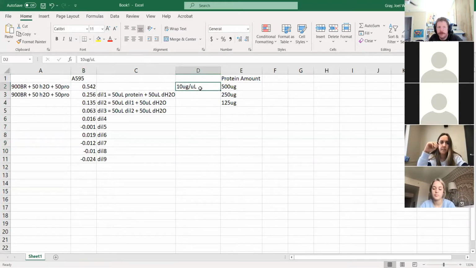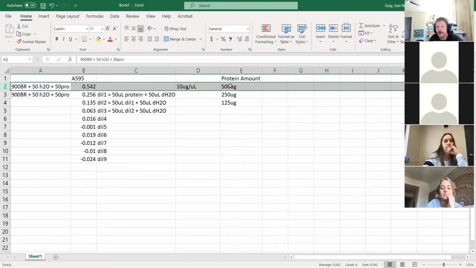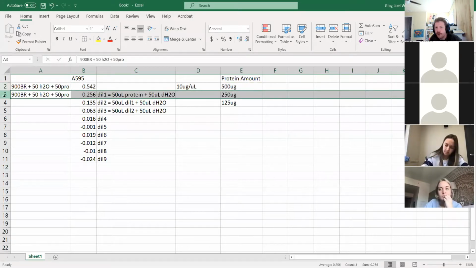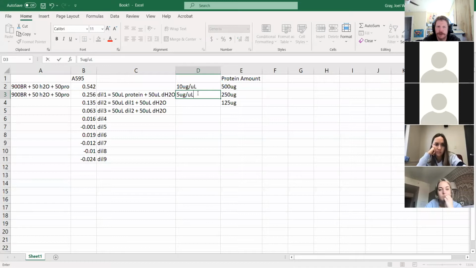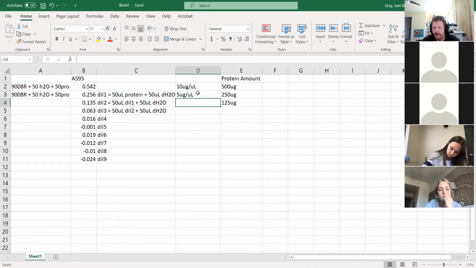So the very first data point that we see in this row number 2, in that sample, the concentration of my protein was 10 micrograms per microliter. The amount of total protein in that sample was 500 micrograms. In row number 3, the total amount of protein was 250 micrograms. The concentration of protein was 5 micrograms per microliter. Can everyone kind of predict my trend here?